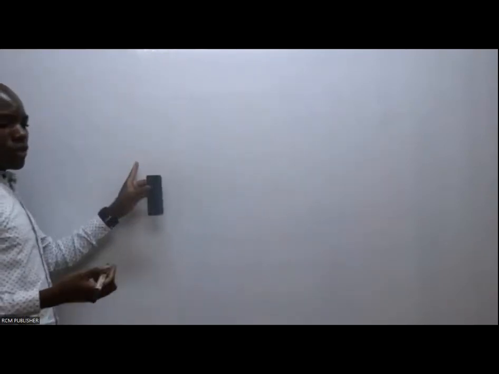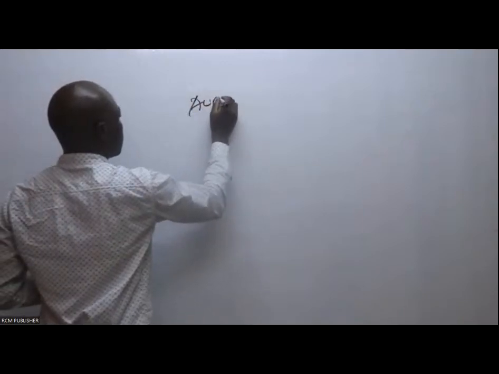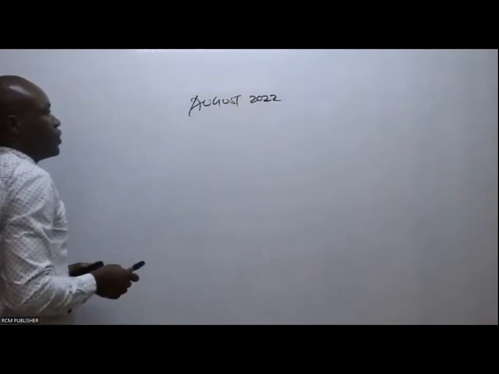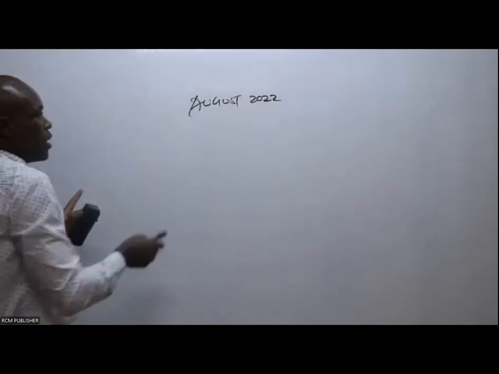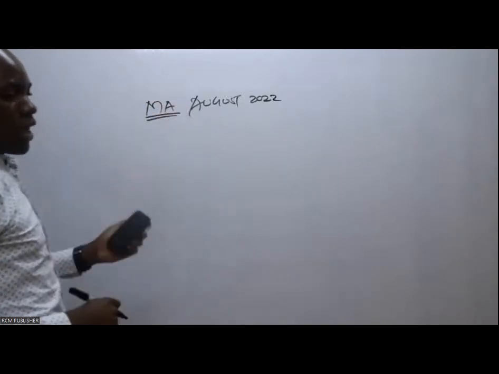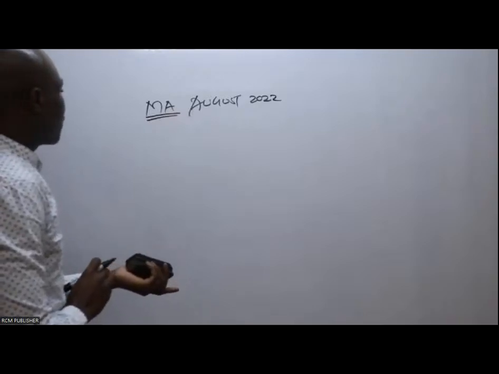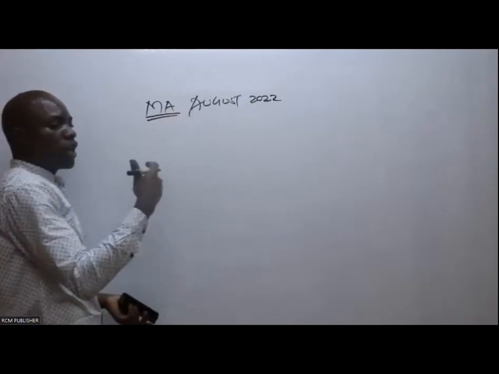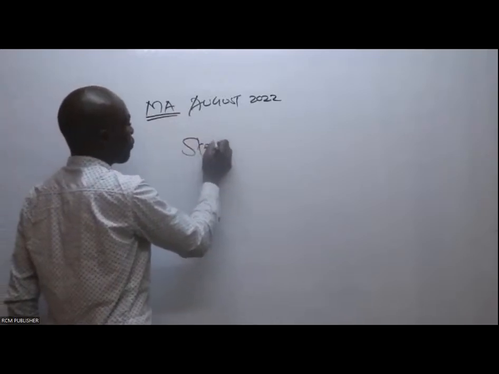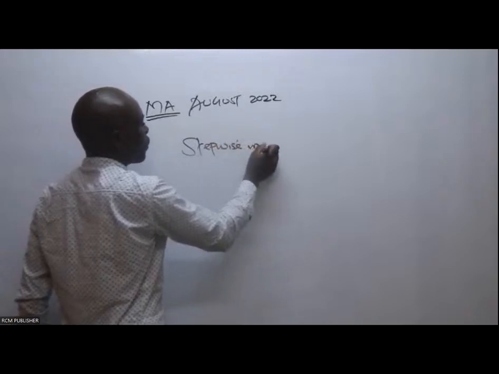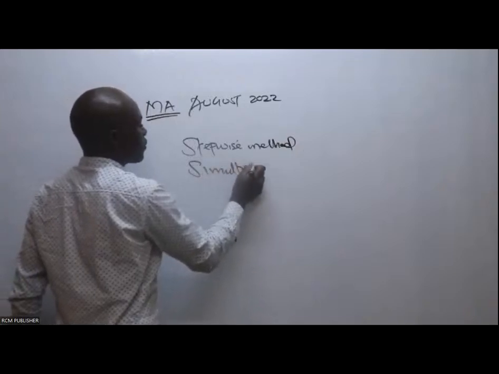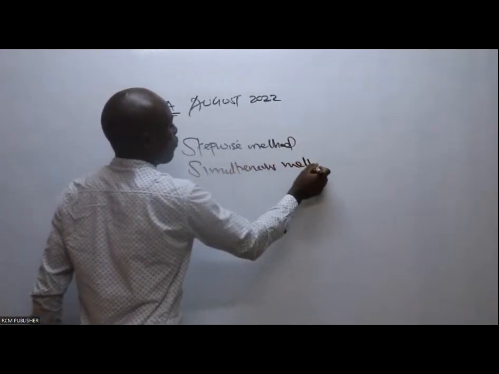So if you want to get that concept, there's a question that was tested August 2022. There's a question there that is for MA, not ATB paper. MA, August 2022. I can't remember the question, but you are being asked to do what? First of all, do the reapportionment of the overheads using one stepwise method, then simultaneous methods.